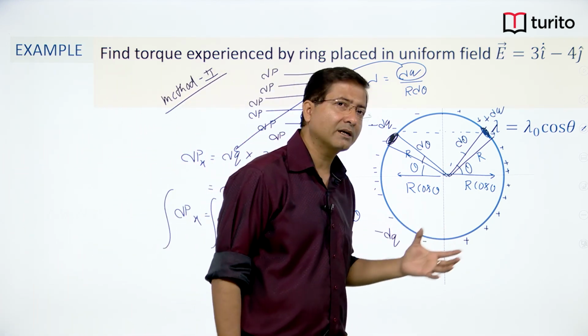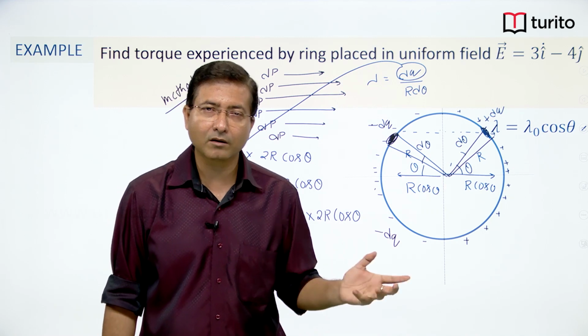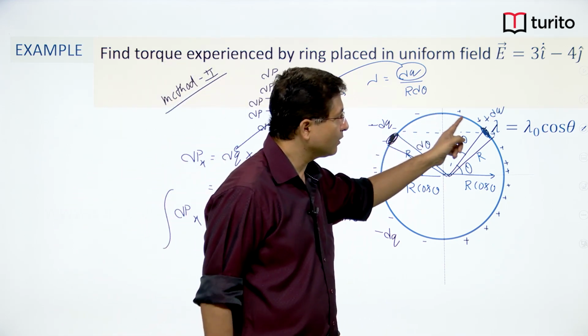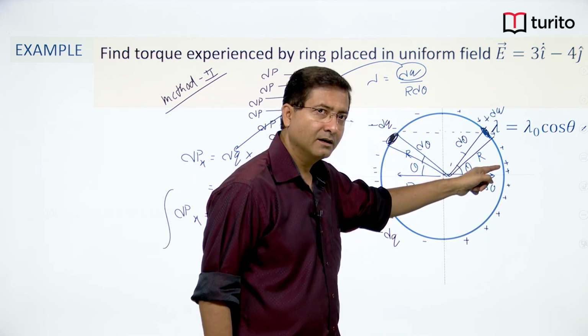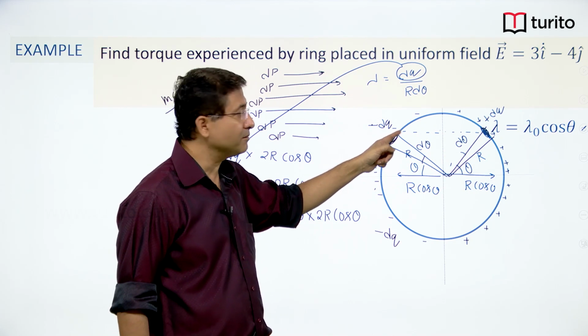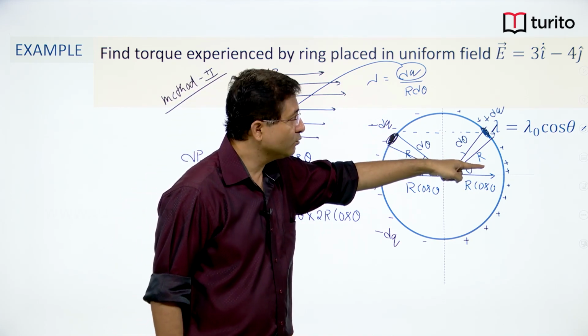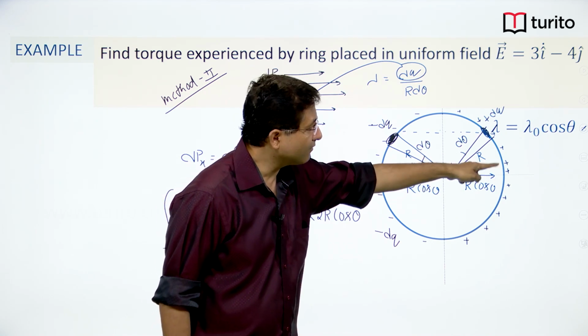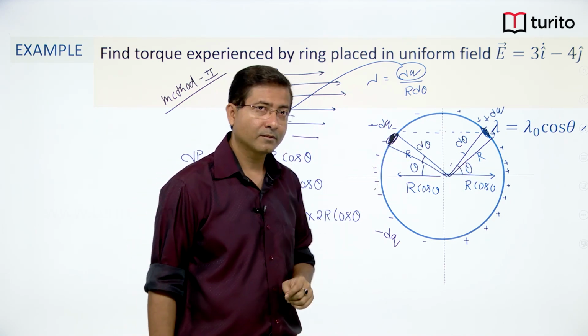So generally students commit mistakes in putting the limit in all such situations. So you can see, once you are taking the element somewhere here, you are combining this element with this element, that means at the same moment you are covering, when you are going from theta equal to 0 to 90 degrees, this part as well as this part.